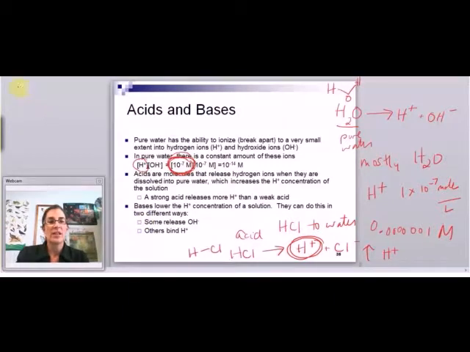A base, on the other hand, and so let me work over here, a base will decrease the hydrogen ion concentration. The way that it does this is that it takes hydrogen ions out of solution. So this is a classic base, ammonia, and ammonia will react with hydrogen ions to make NH4. So when I add ammonia to water, remember, the water has H2O in it, but it also has H plus and OH minus.